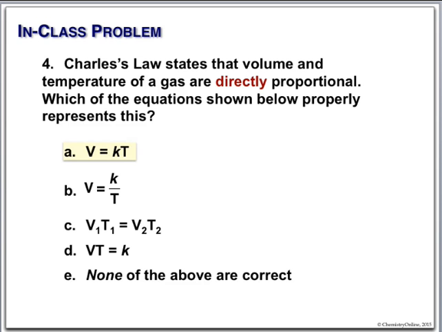This used to be the proportionality symbol. Now it's a constant and an equal. If you go through all of these, this one, if this was pressure, that would be Boyle's law, but that's not Charles. And none of these are equivalent to this guy. Any questions?